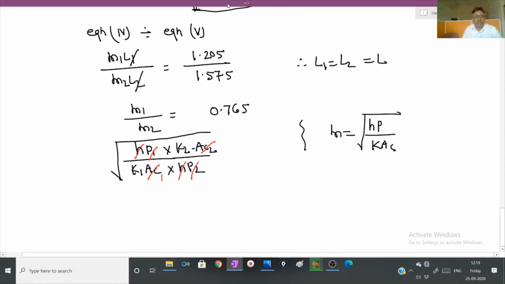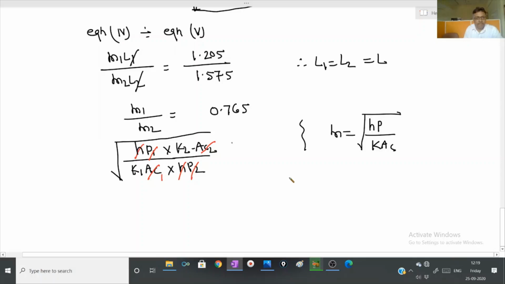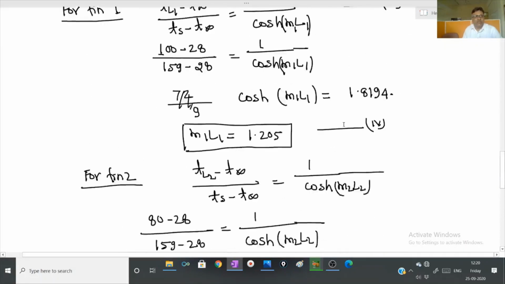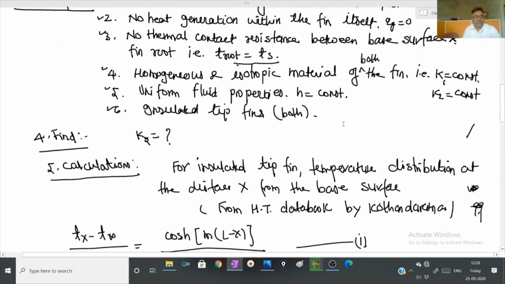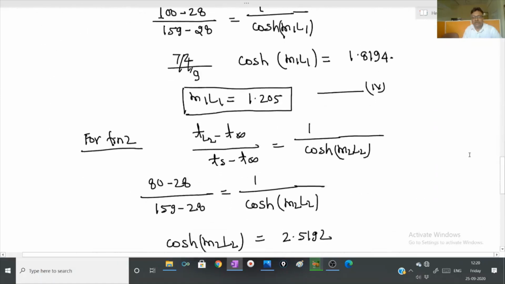So after simplifying, I will get the square root of (k2/k1) = 0.765. The value of k1 for fin 1 is 380 watt per meter Kelvin.